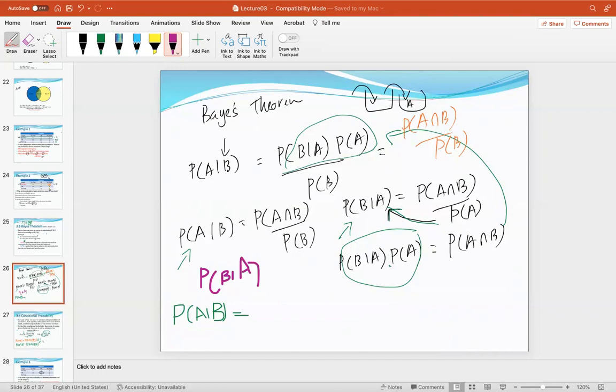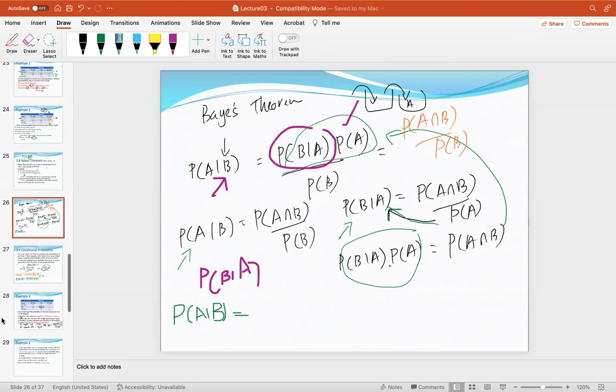First, we know P(A and B) is this equation, and given the other information, you can use conditional probability to find your P(A stroke B). Okay, it's quite clear now.